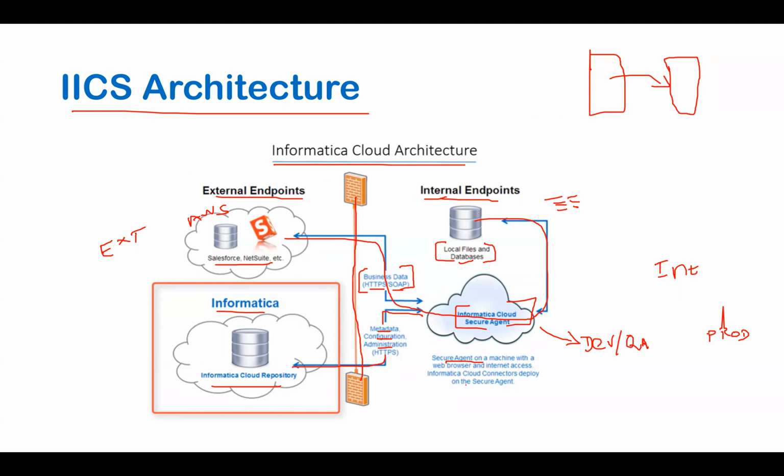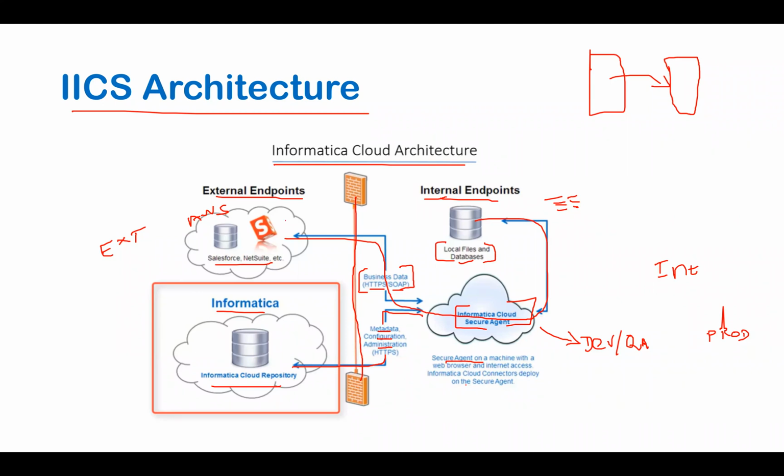So if you ask me to summarize, we do have an on-premises server, that is our local RDBMS and flat files, and our cloud server also. That is our organizational data. We are fetching that data and loading it into external endpoints, that is our cloud databases or any other databases.